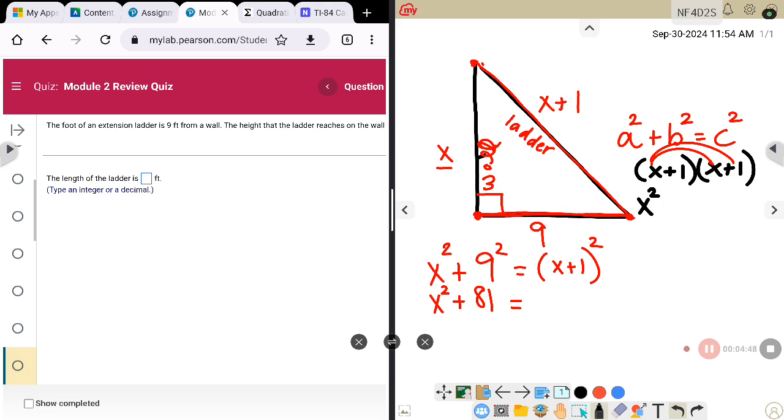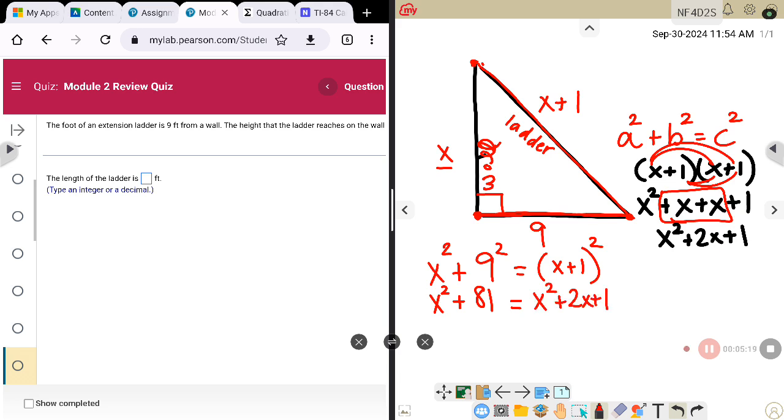Then my outer x times 1 gives me x. And then I'll distribute the 1 to both of those. So 1 times x gives me x, and then 1 times 1 is 1. I can put these two middle terms together. So now I've got x squared plus 2x plus 1. So that's what x plus 1 squared ends up being.